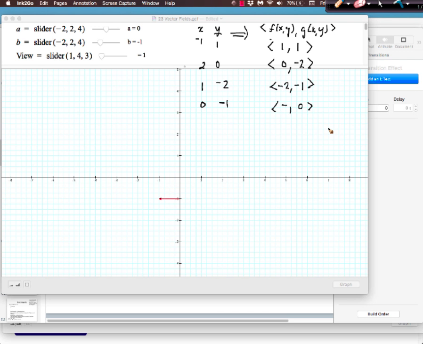Do you have a conjecture? Tell the person next to you, see if you compare.